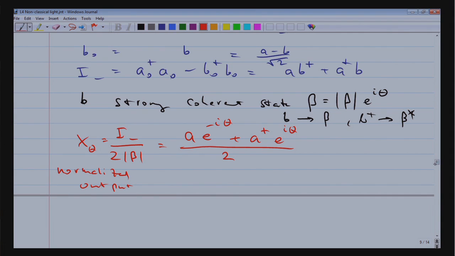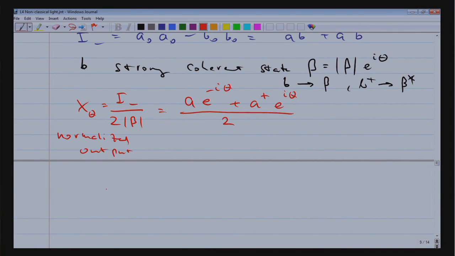So therefore, if we choose the phase to be 0, we measure the symmetric combination A plus A dagger over 2. And this is, just comparing notes, simply the A1 quadrature operator divided by square root 2.